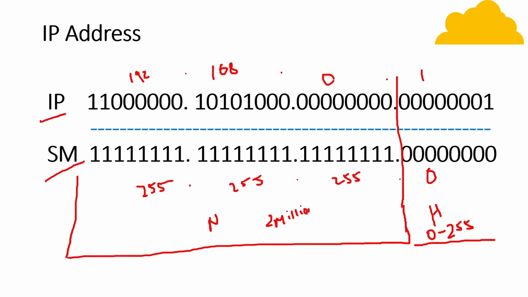So in class C, the number of networks are more and the number of IP addresses for the host is less. And this is in binary, which is equivalent to 192, and this is equivalent to 168, and this is 0, and we have 1 here, this is 1.